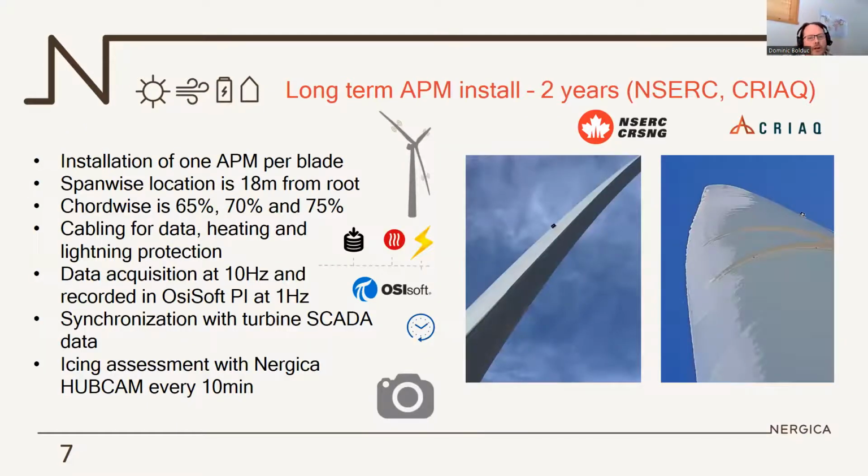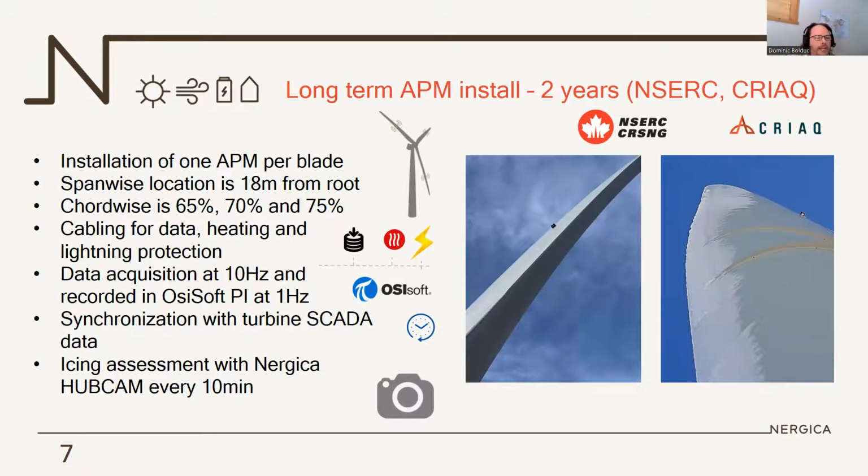So we've been installing those devices on each blade of our ML92 turbine. We've installed them at 80 meters from the root of the blade, at different chord-wise positions. One difficulty is that this sensor is for aerospace, so now it needs cabling. We needed to cable the data, the heating and the lightning protection, because the sensor is metal.